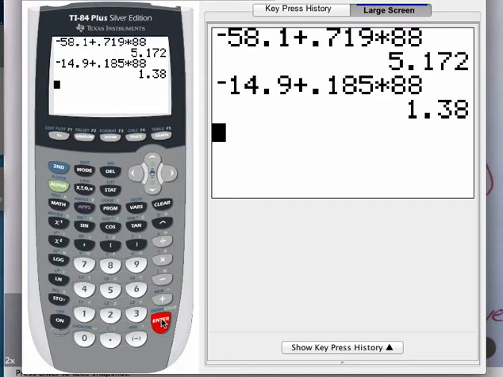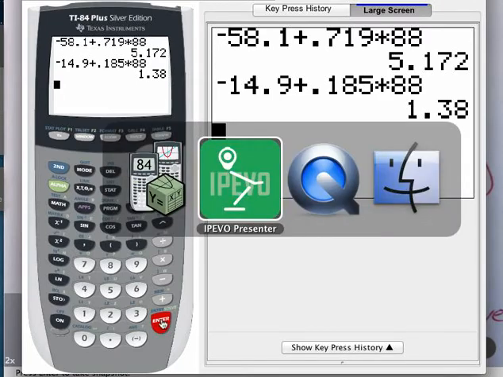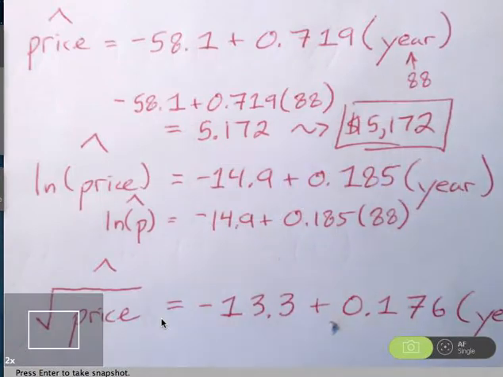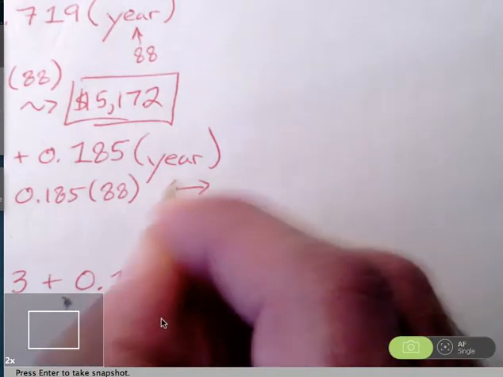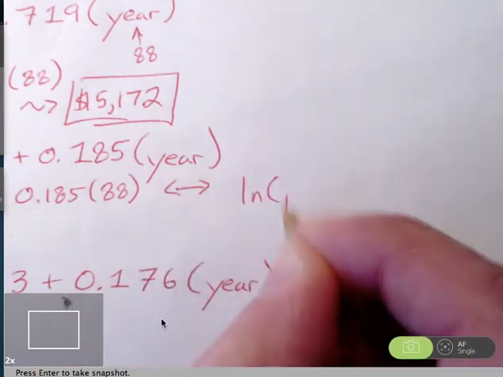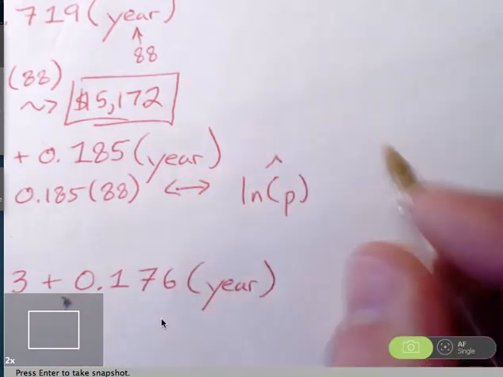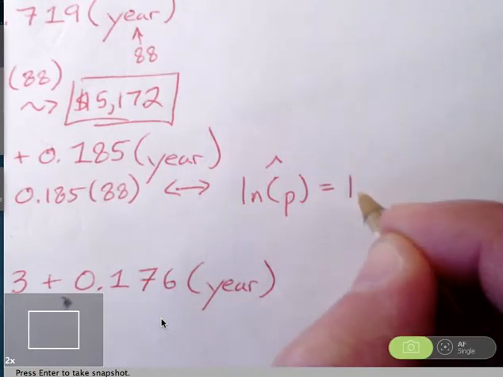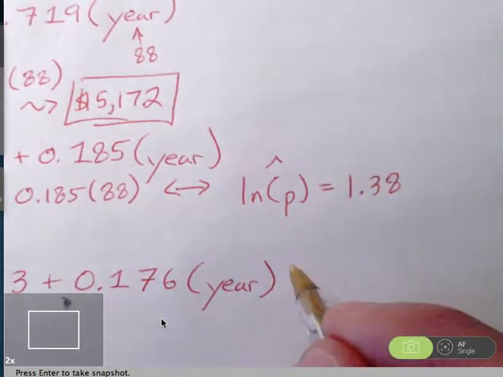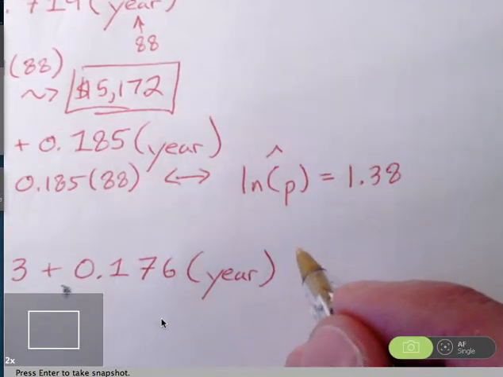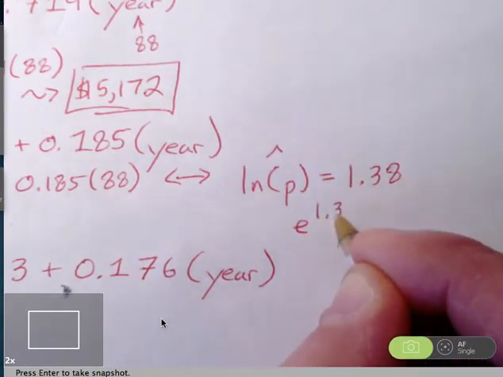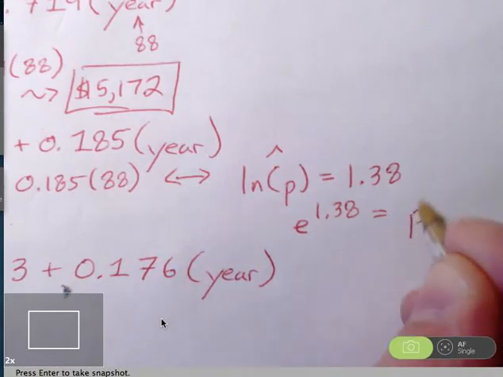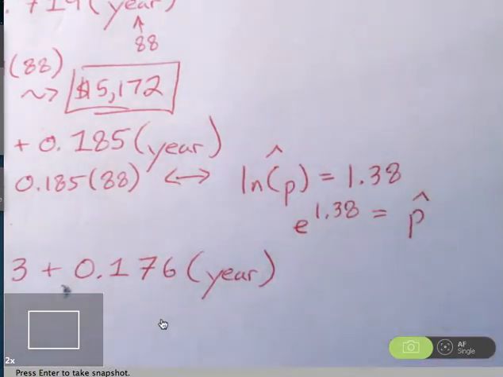That does not suggest $1,380. That 1.38 then, my price estimate, the natural log of that price estimate is the 1.38. So I still need to convert that into a price that I can interpret. So I have e to the power 1.38. That is going to give me my price estimate.